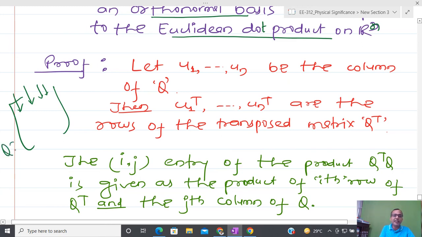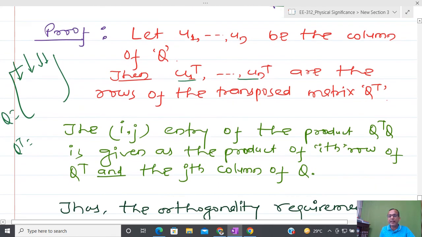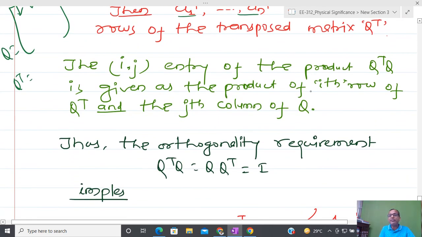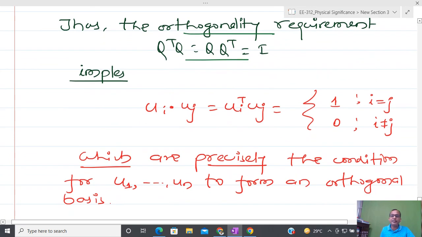So I have this matrix, and if I take Q transpose, then actually what happens is that the rows become columns. So this will give us the rows, and if you see the ij entry of that matrix, that will be the ith row of Qt and the jth column of Q, and I have to make sure that this condition is satisfied. If this condition is satisfied, then I have to force ui dot uj to be 1 if i equals j, otherwise that should be 0.